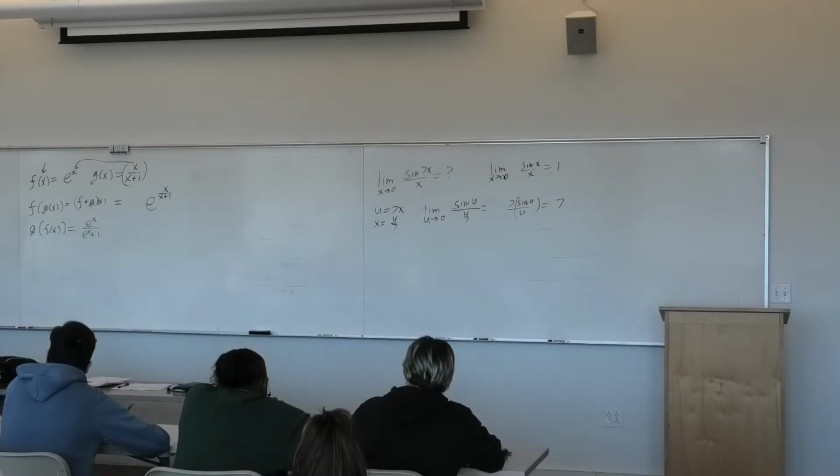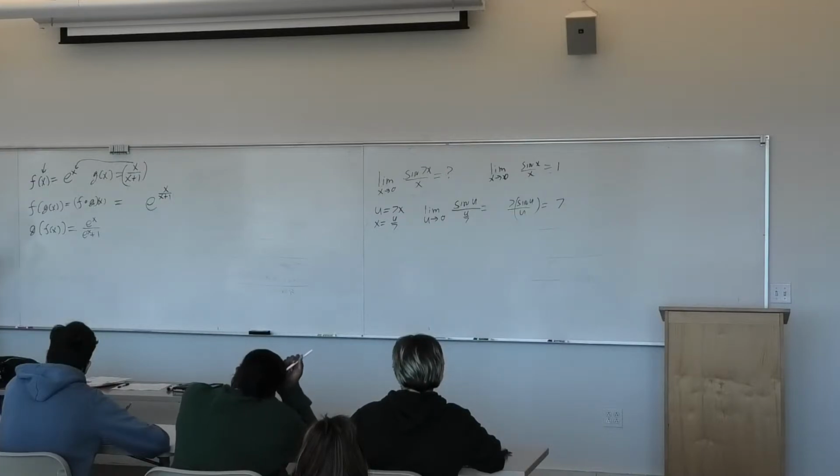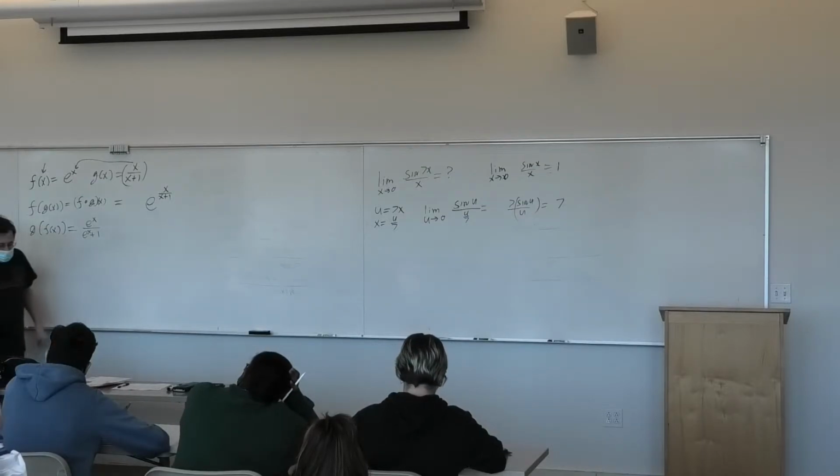Clearly, this is not generally a commutative operation. Does anyone remember when it is a commutative operation? When f of g is equal to g of f? Anyone remember? Okay, you should try and remember. When they're inverse functions, and in that case, they'll always be equal to x.